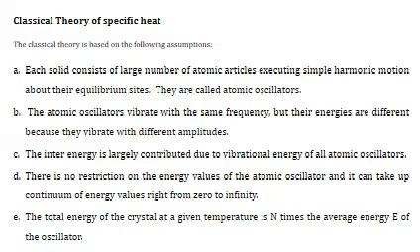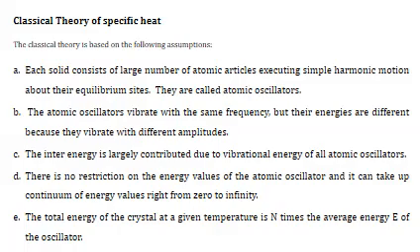According to the classical theory of specific heat capacity, they had the following assumptions. Each solid consists of a number of atomic particles executing simple harmonic motion about their equilibrium sites. They are called atomic oscillators.